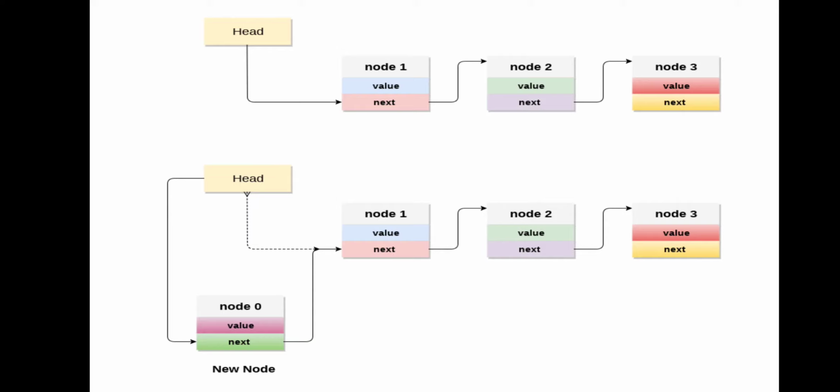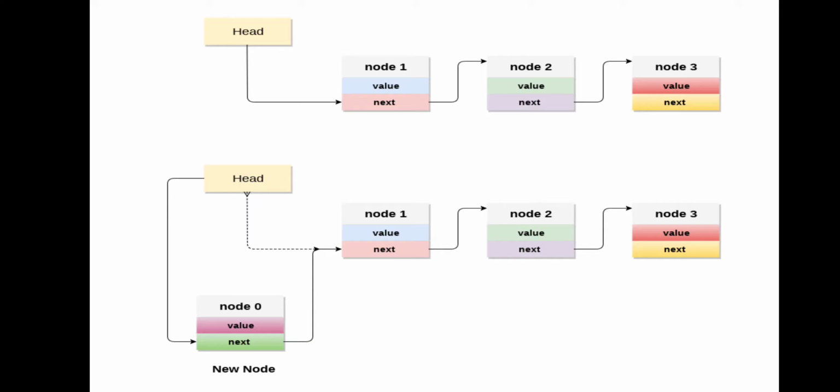So whenever you reach the last node, the next field is represented with a null. That means there are no other nodes. Suppose if this node 3 is the last node, then instead of using a next field, we have to use null. That always represents the end of the list, or end of the linked list.